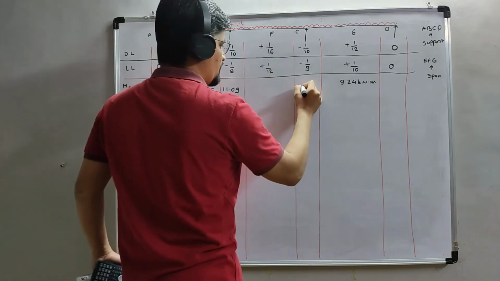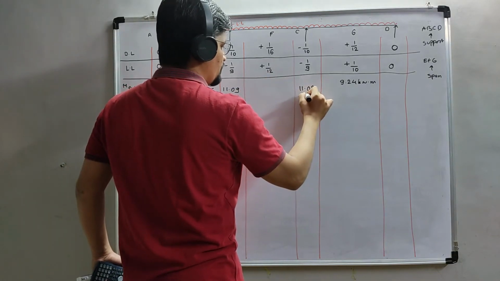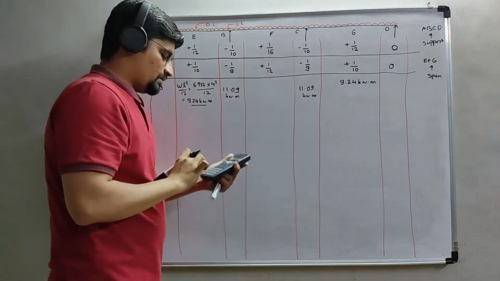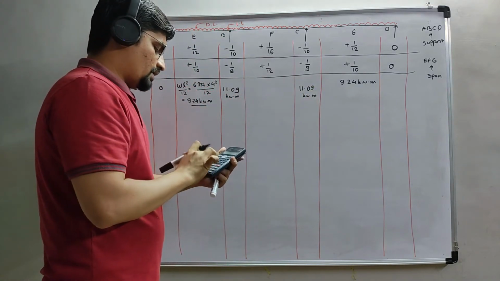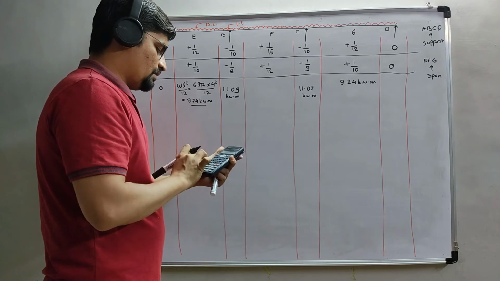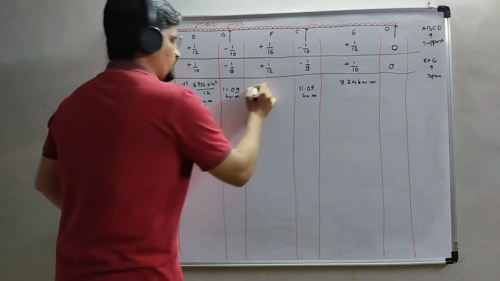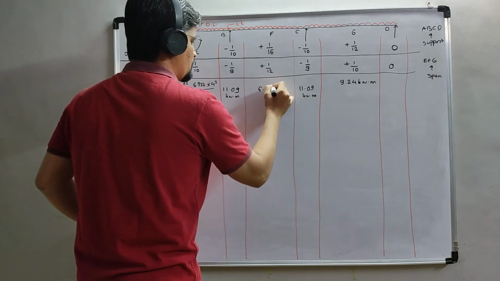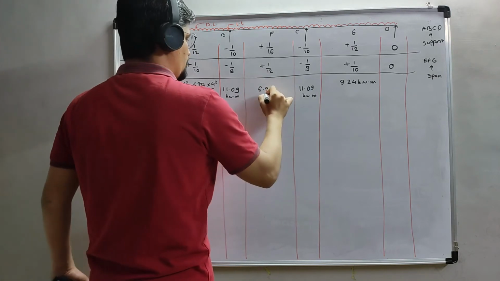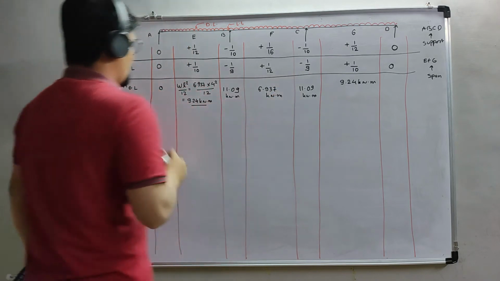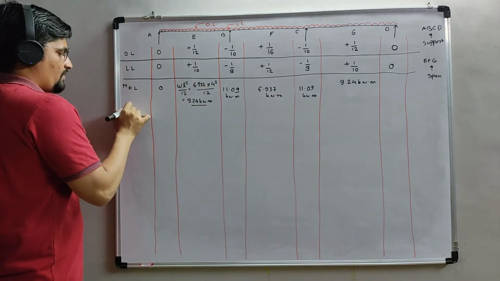Here also it will be 11.09 kilonewton meter. This is 6.937 into 4 into 4 divided by 16. So it is 6.937 kilonewton meter.